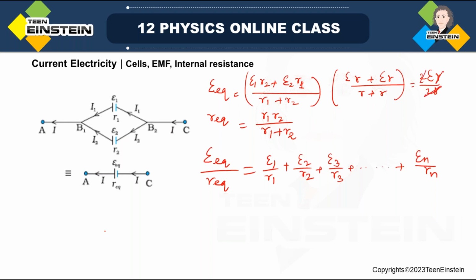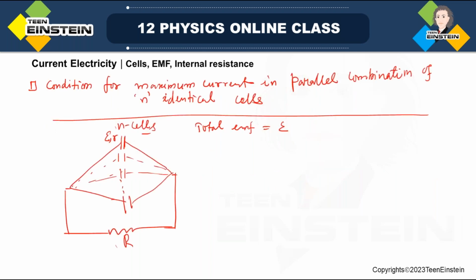When the cells are identical, the EMF will be the same even if there are n cells connected together. The total EMF will be the same as one cell's.